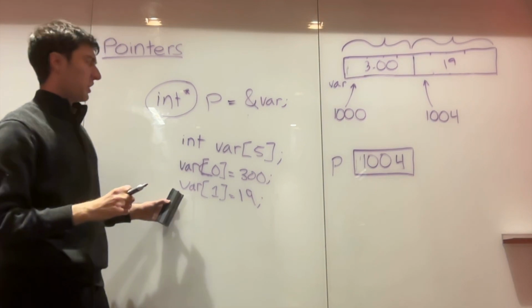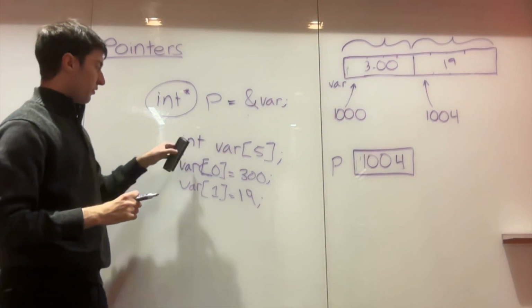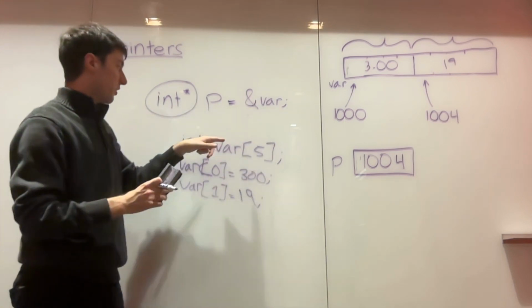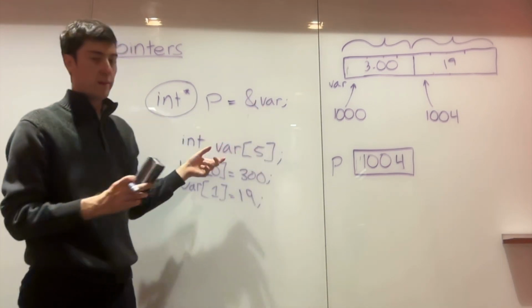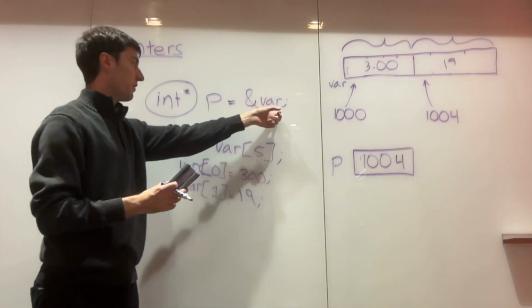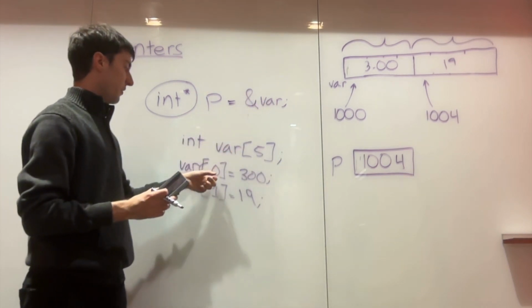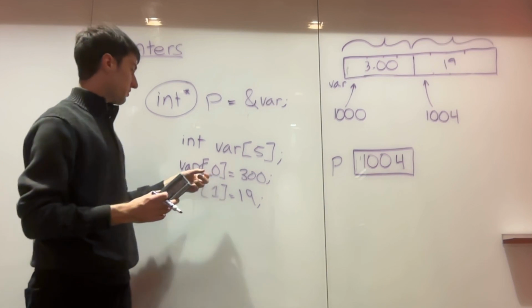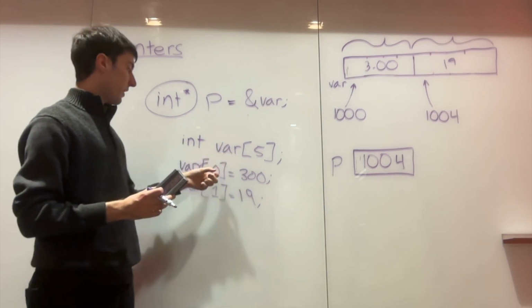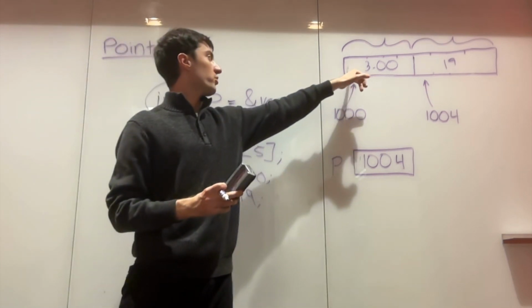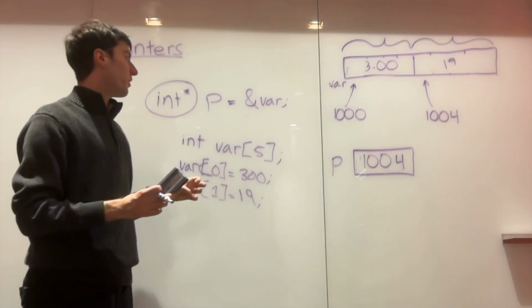Well, something interesting is if this is our declaration, so it would actually go up here, right? Because we need to take the var, and var has to be declared at that time, right? And then it returns the address that var lives at, which in this case, because it's an array, it's going to return the first location, which is right there. Okay.